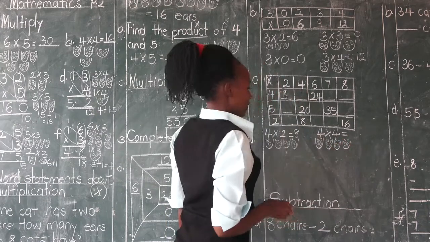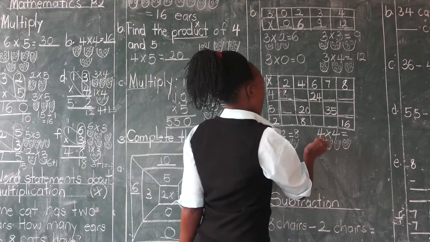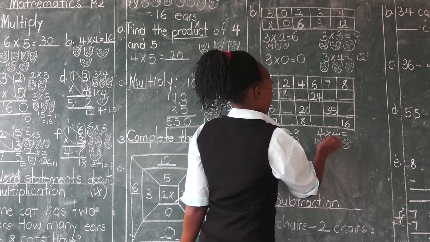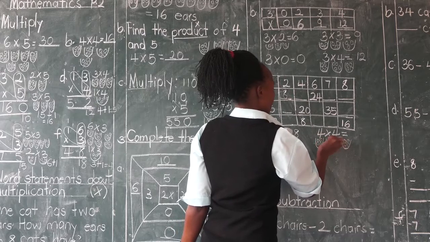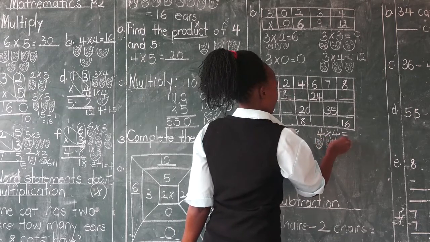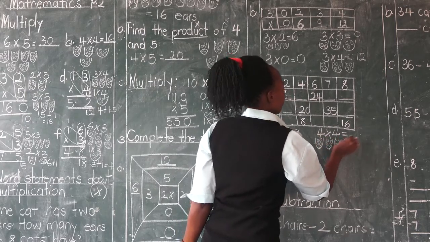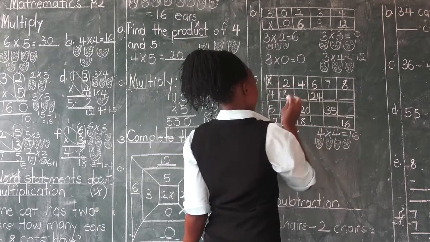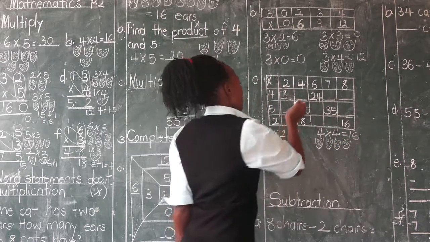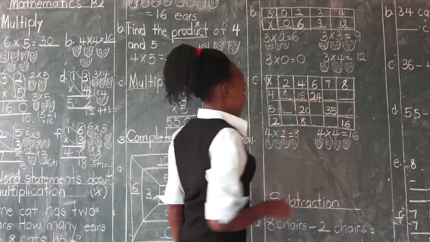Now let's put them together. 1, 2, 3, 4, 5, 6, 7, 8, 9, 10, 11, 12, 13, 14, 15, 16. We shall get 16. After getting it, then we put it there.